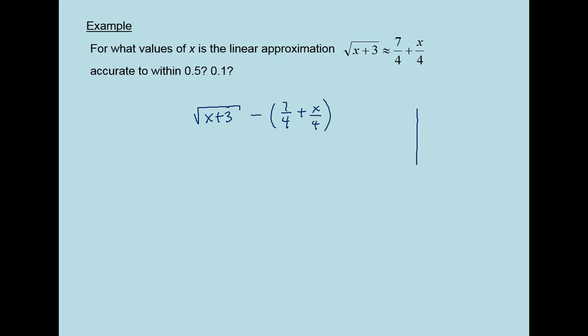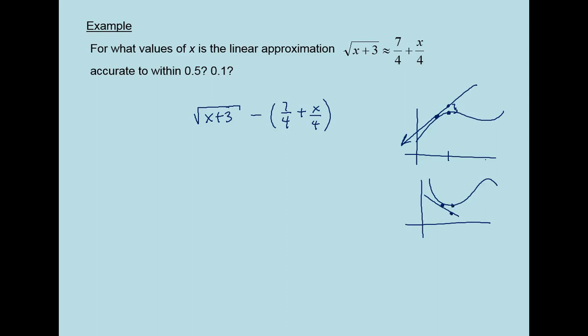So for instance, if I have this function and I've linearized it right here, and I'm trying to determine how far off this estimate is to the actual value, well, I would be looking at right in here, this is the difference between the linearization and the function itself. However, sometimes the linearization can be an overestimate or it can be an underestimate.